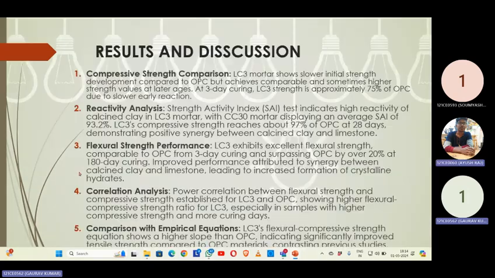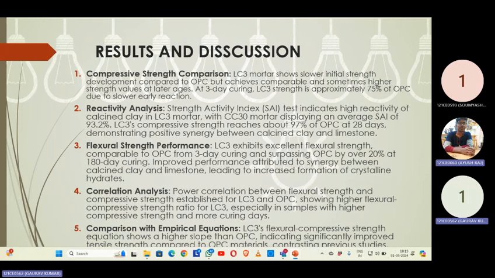Results and discussion. First one is compressive strength comparison. LC3 mortar shows slower initial strength development compared to OPC, but achieves comparable and sometimes higher strength values at later ages.